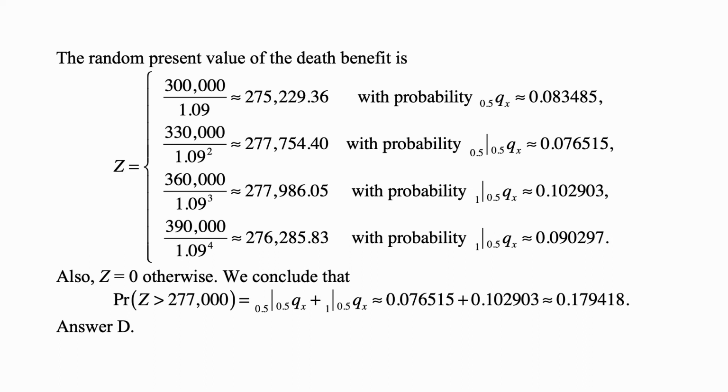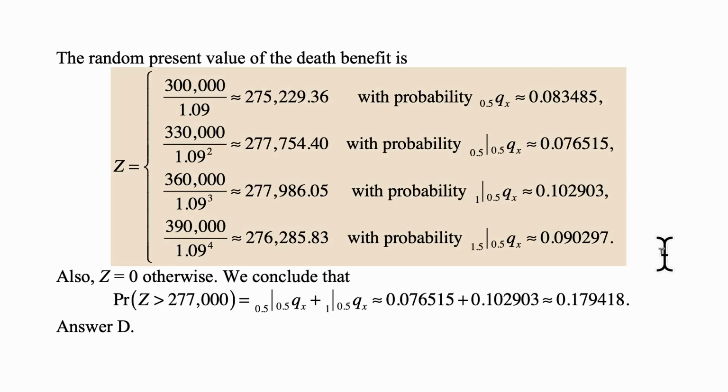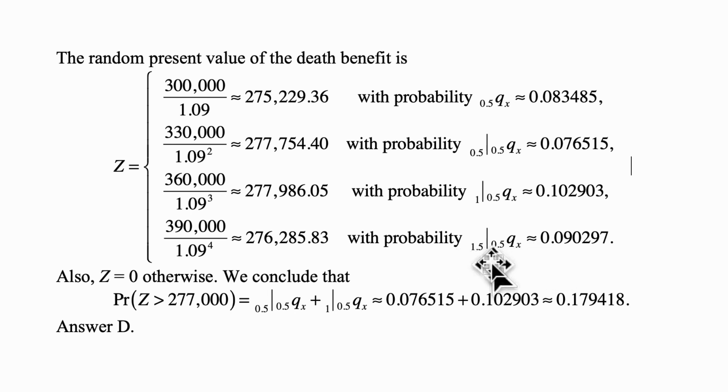And then 390,000 divided by 1.09 to the fourth, which is approximately 276,285.83 with probability, and my apologies, I had to correct it, it's deferred by 1.5 years, 0.5 qx. I had a 1 there, it's corrected to 1.5, that's the way it should be. That's in reference to death in the second half of the second year. That's approximately 0.090297. Also, Z is 0 otherwise.